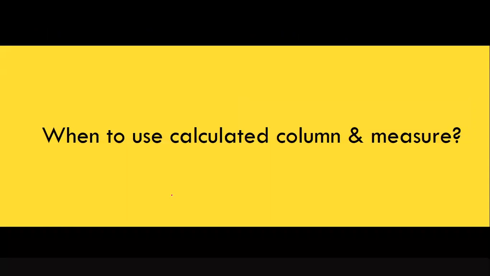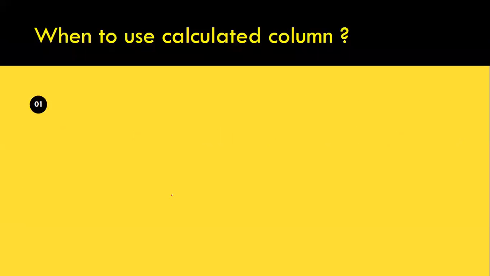So this raises another question: when to use a calculated column and when to use a measure? Like I said, since you cannot use a measure as part of a slicer, if you need to use the computed value as part of your slicer, which is not available otherwise, let's say you have created a new calculated column based on an existing column.